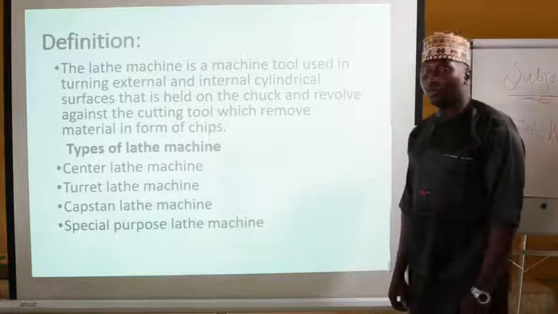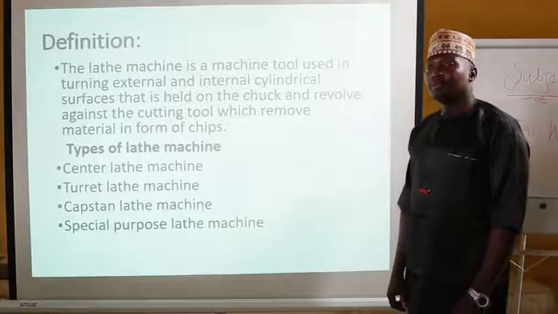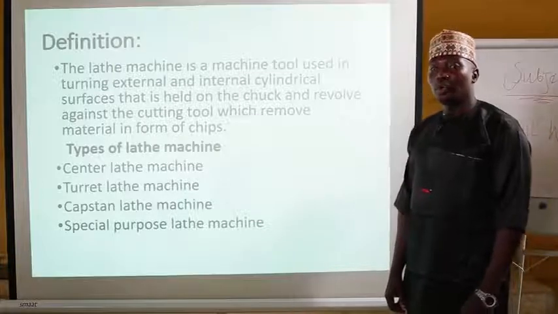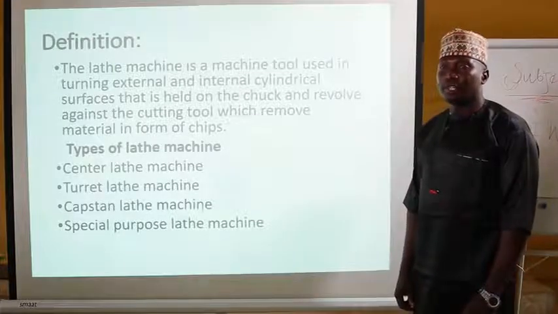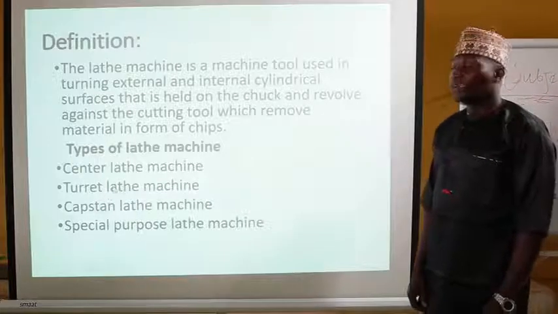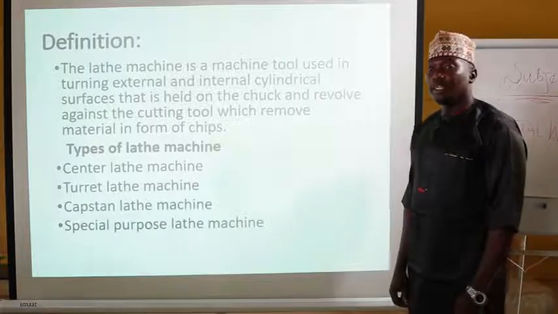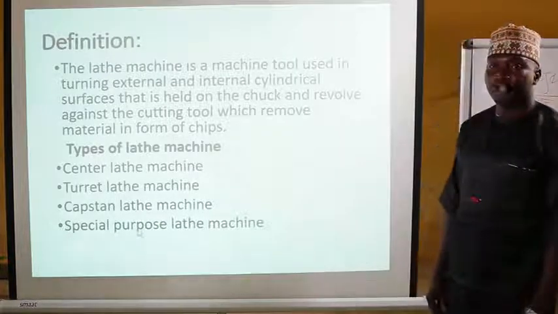Now, let's see some of the types of the lathe machine that we have. One, we have the center lathe machine, which is also known as the general purpose lathe machine. We have the turret lathe machine. We have the capstan lathe. And of course, we have the special purpose lathe machine.